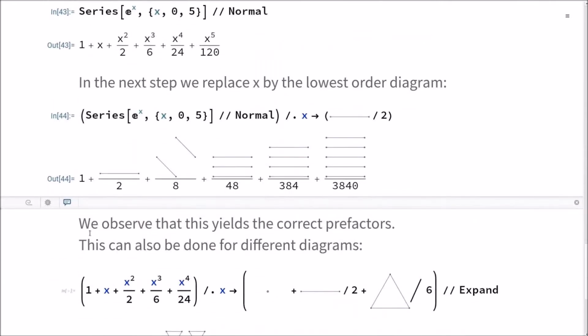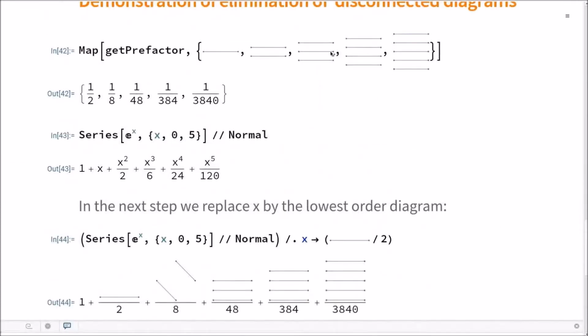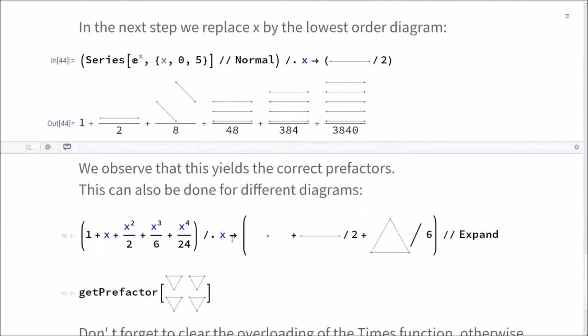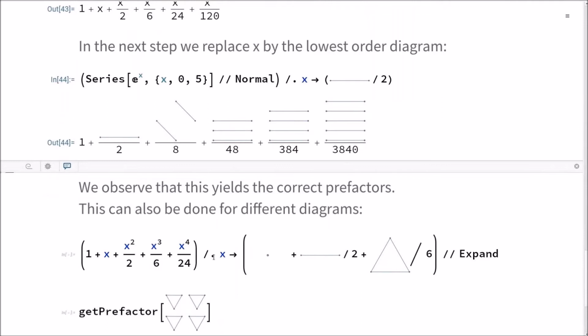of the Euler number. And the same is not only true for identical diagrams. We can now use this series expansion, so this is the series expansion of the exponential here. And now we replace x not only by this simple function, we replace it also by the simple dot and the first three-node diagram.